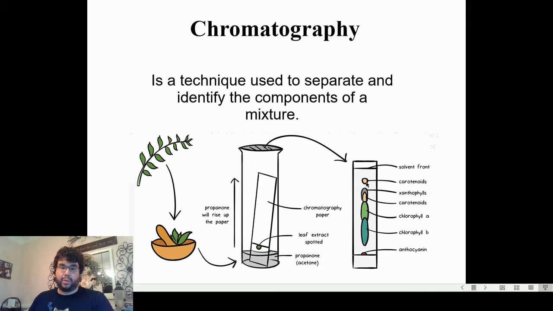Things that are more soluble in this acetone would get carried further along the paper, and things that are not as soluble would stay near the bottom because they would not interact with that flowing acetone up the paper.